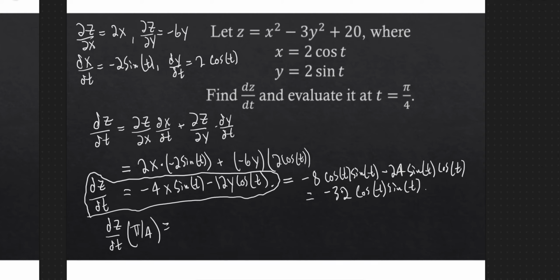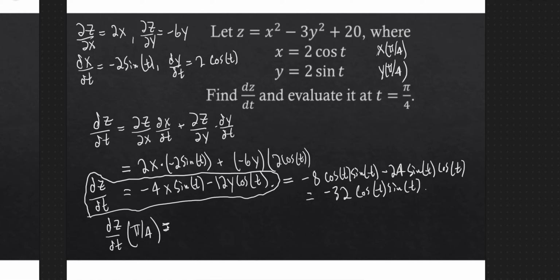So now I can evaluate at pi over 4. The other way I could have done this is take pi over 4, plug it into both x and y to find out what x and y are at pi over 4, and then input those in for x and y here, along with pi over 4 for t in each of those. Or we can do it like we did here, substitute these equations in, and just get a function of a single variable t.